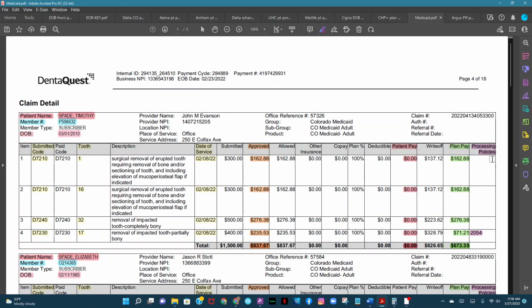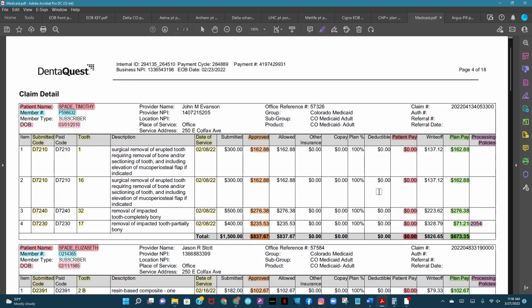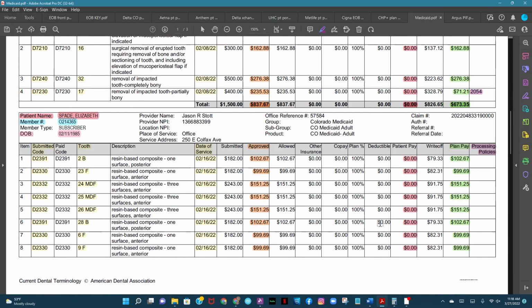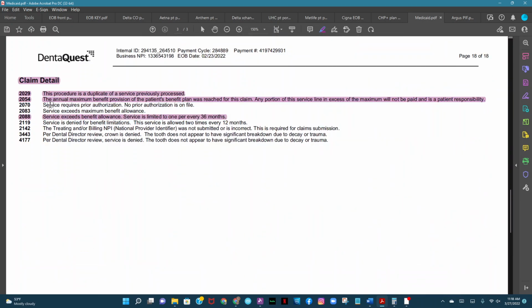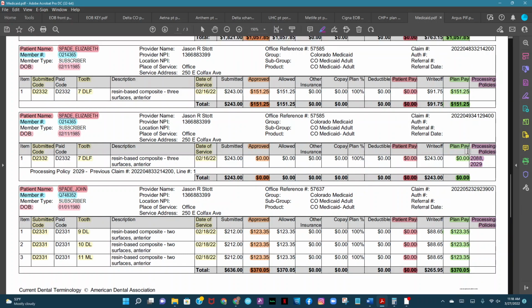But I want you to remember we always want to look at the remark codes. 2054, if you don't recall from the last one. We'll go ahead and scroll down and read again. So 2054 is the annual maximum benefit provision of this patient's benefit plan was reached for this claim. Any portion of this service line in excess of the maximum will not be paid and is patient responsibility.